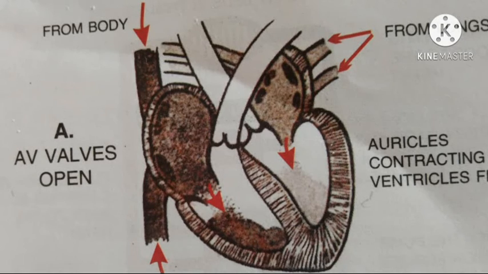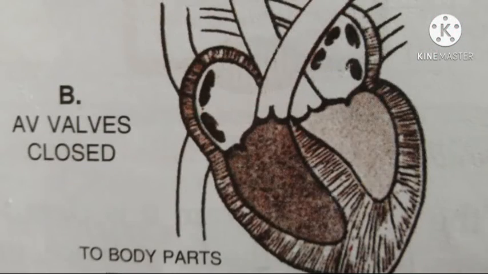Right auricle giving the blood to the right ventricle. Simultaneously, the left auricle contracts and sends oxygenated blood into the left ventricle. Both sides, one is deoxygenated blood and one is oxygenated blood. So both auricles give the blood to both ventricles, right ventricle and left ventricle.